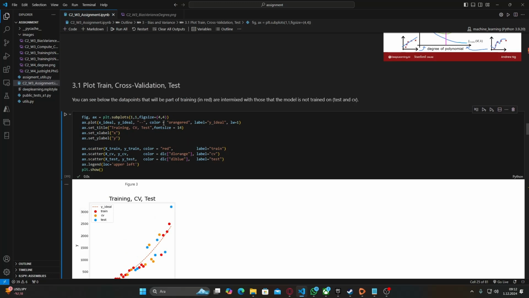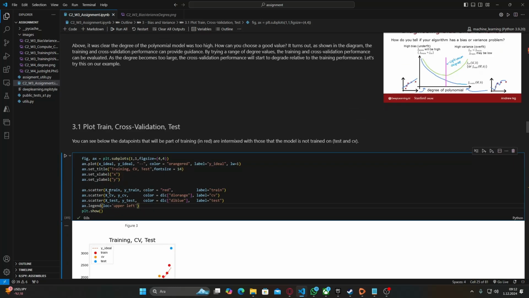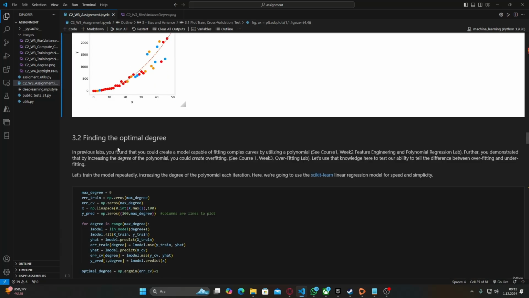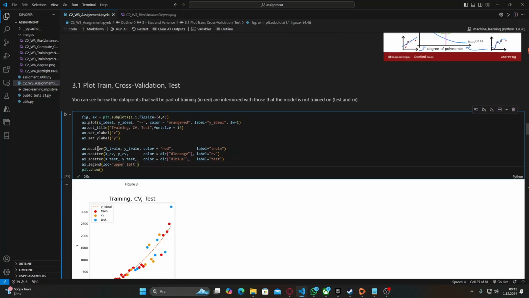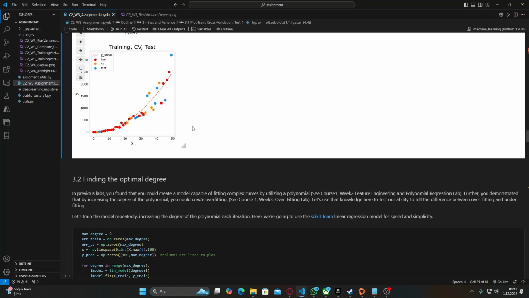And in here we're just running X train. Right, this is the training, and CV is representing the cross validation, and test is representing test data for us, and we divide it into X train, X CV, and X test. We're just dividing our data into sets, and we are just showing the figure in here.